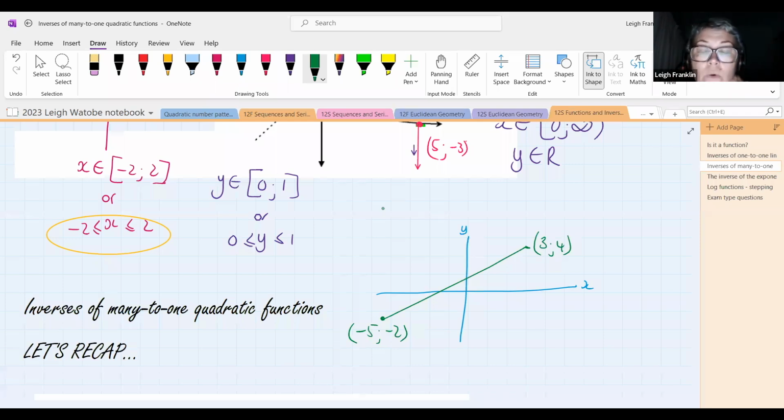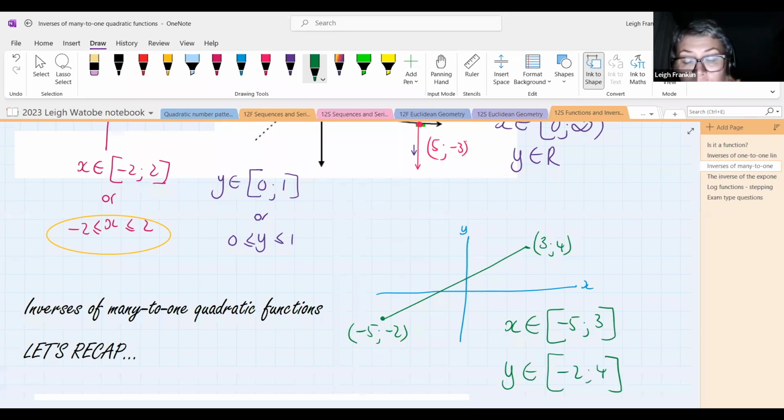If I now wanted to write my domain, I would say x is an element from -5 to 3. My range, y, is an element from -2 to 4. Hopefully that answers your question, Ria, with the linear function.